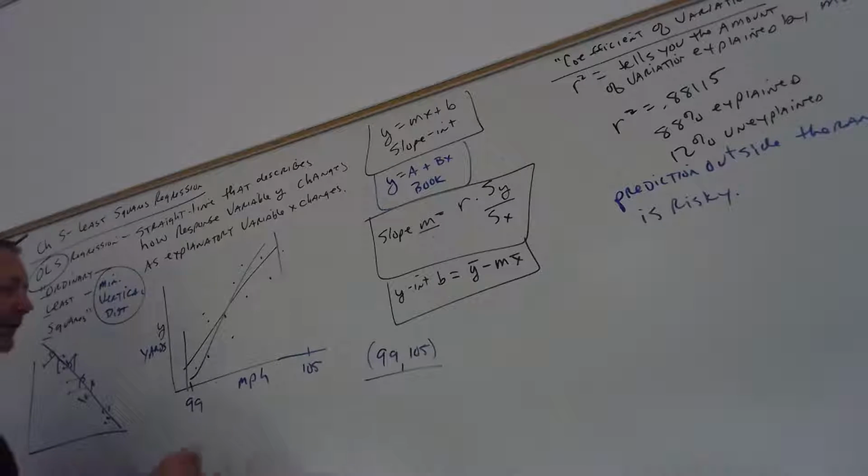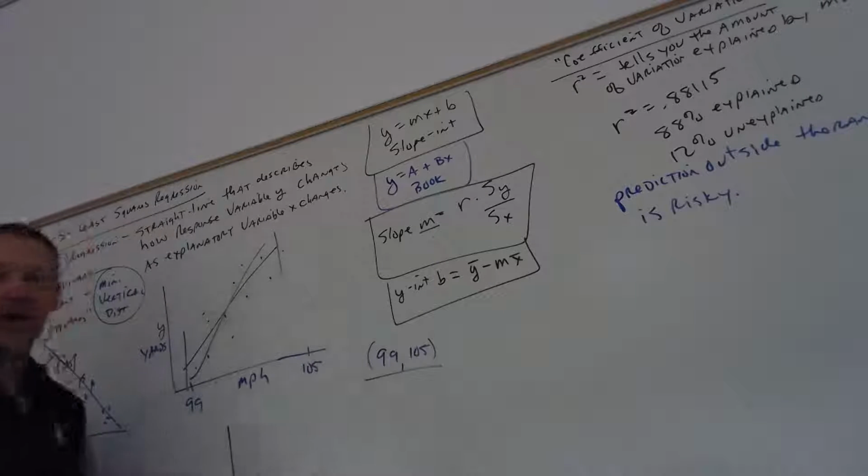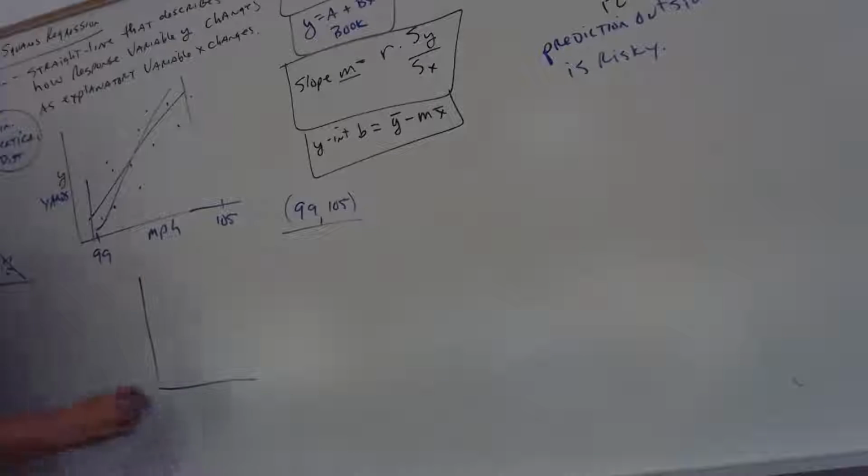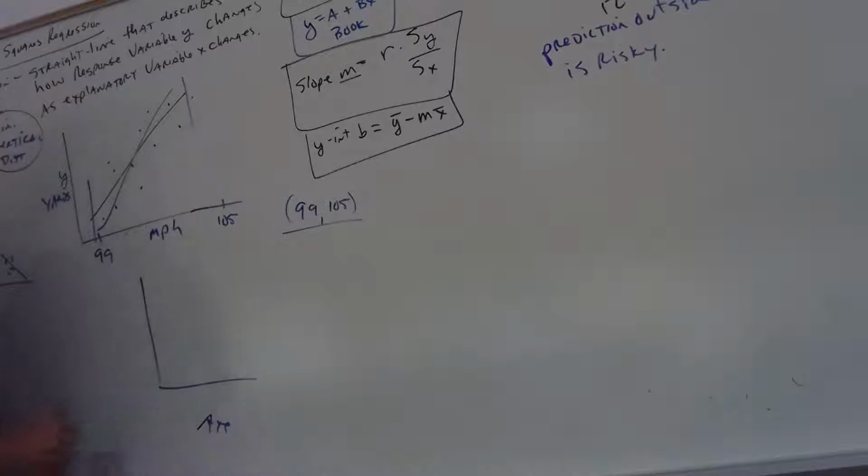One of my favorite examples is, let's say I had a growth chart here. This is a person's age, and this is their height. You know that toddlers grow really fast, right? So maybe we've got something that looks like this, maybe age 0 to, say, age 18, and you can see you've got a nice straight line here.